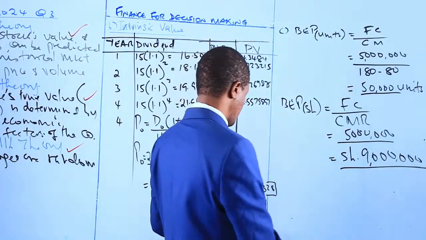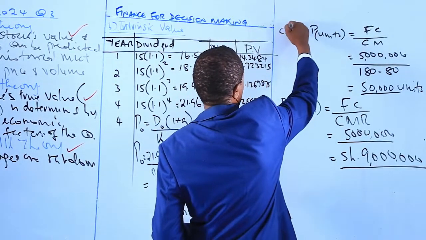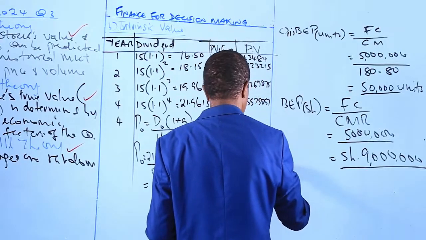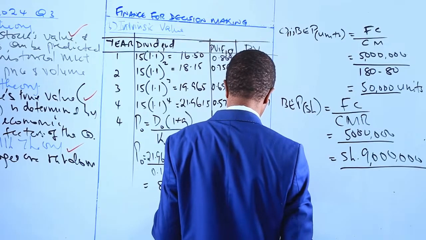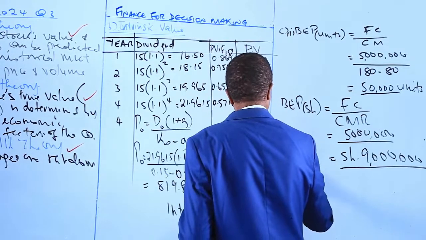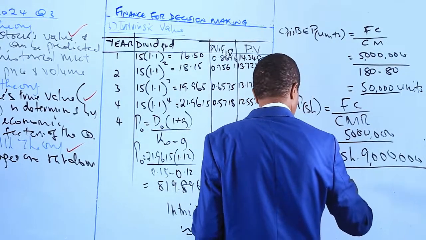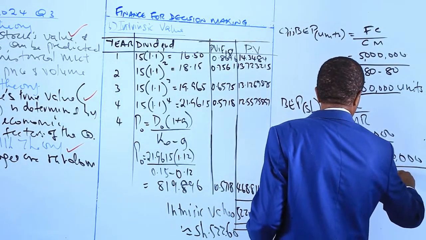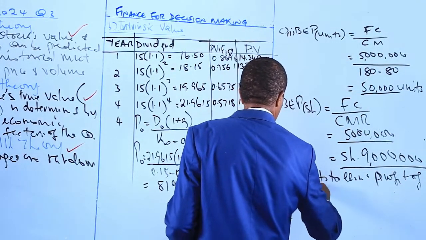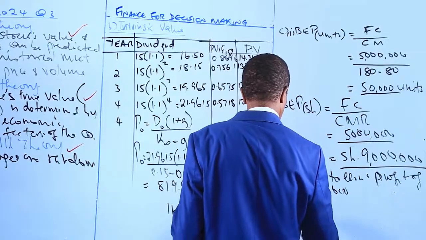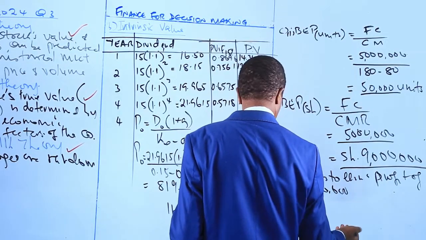Then the second part of the question reads, look at the question. This is Roman 2 of C. We are to calculate the number of units to be produced to earn a profit of shillings 1.2 million. You remember the formula we gave in our class.